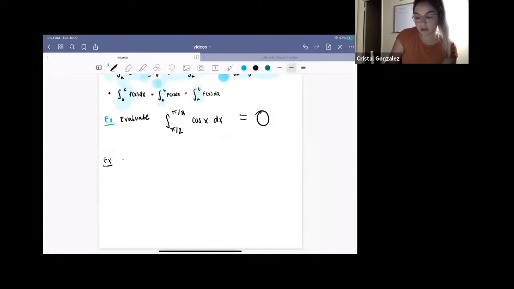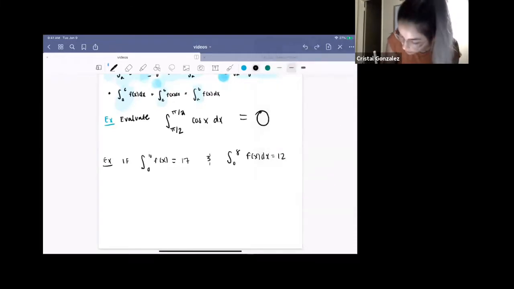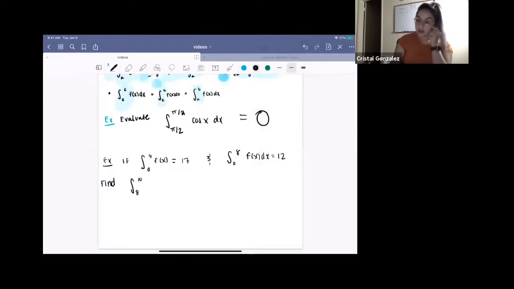Okay, let's do another one. Let's say we have the integral from 0 to 10 of f of x dx, I don't know what f of x is, and that is equal to 17, and the integral from 0 to 8 of f of x dx is equal to 12. We want to find the integral from 8 to 10 of f of x dx.